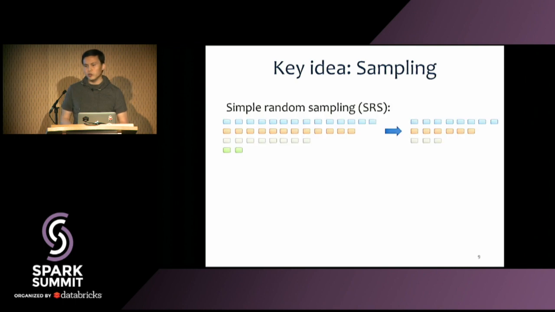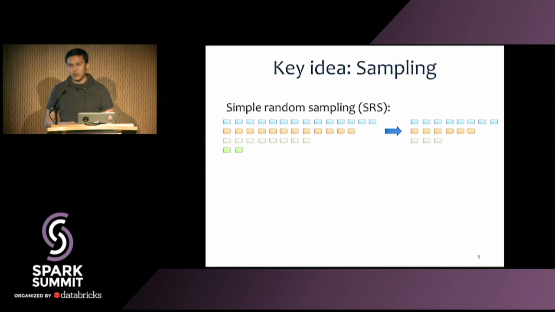The most widely used sampling technique in the literature is simple random sampling. Assume that we have 4 substreams, presented in different colors here. The figure shows simple random sampling performed with a sampling fraction of 50%.